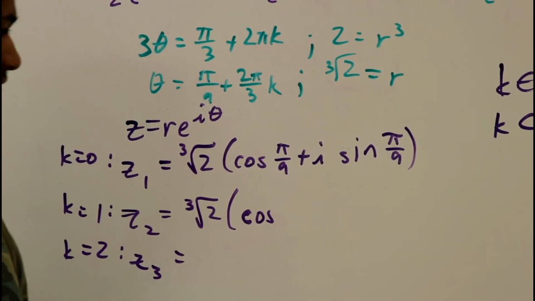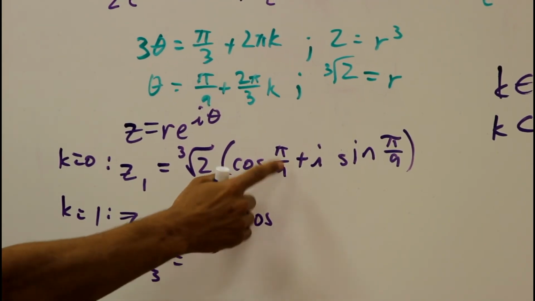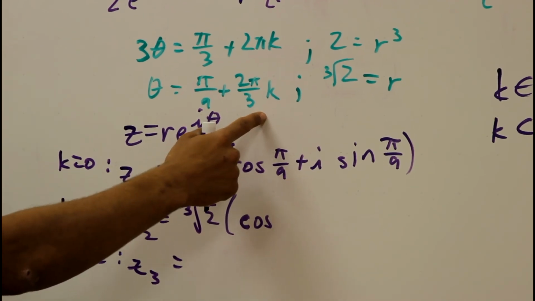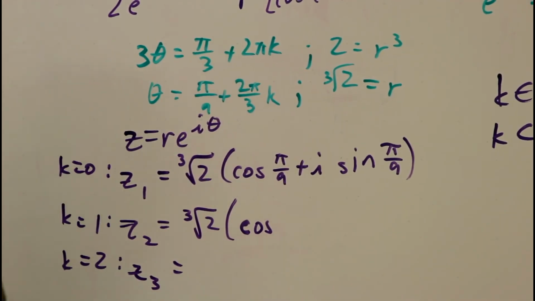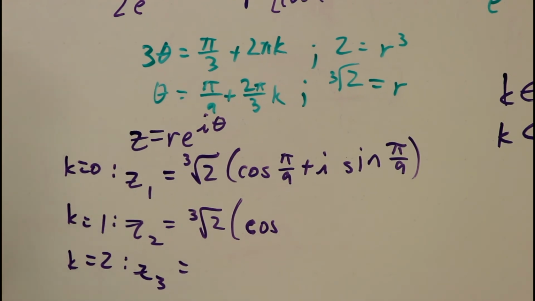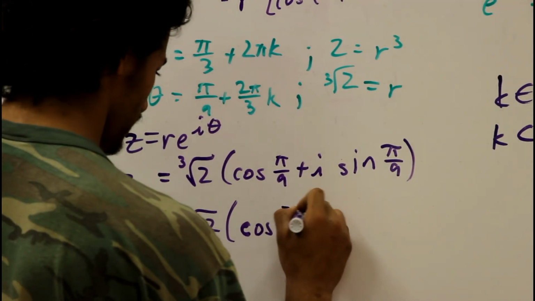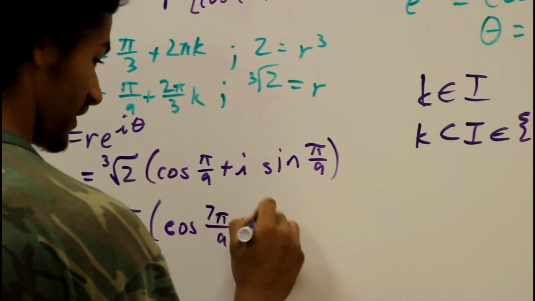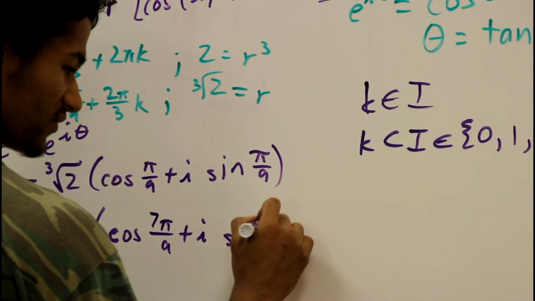With that knowledge, for z2 we have cosine of pi ninths plus 2 pi thirds, or cosine of pi ninths plus 6 pi ninths, or cosine of 7 pi ninths, plus i sine of 7 pi ninths.